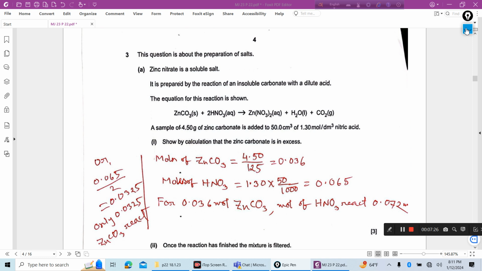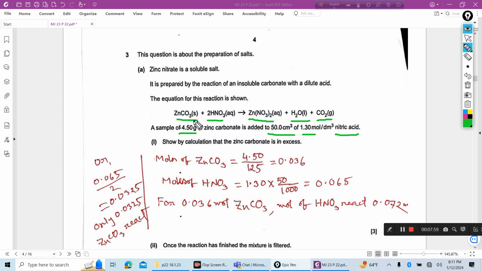Next, question number 3. Zinc nitrate is a soluble salt. Zinc carbonate reacts with nitric acid to produce zinc nitrate, water and carbon dioxide. Here 4.50 gram of zinc carbonate is added to 50 cm cube of 1.3 mole per dm cube nitric acid.